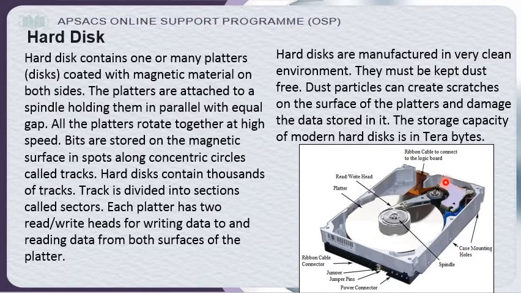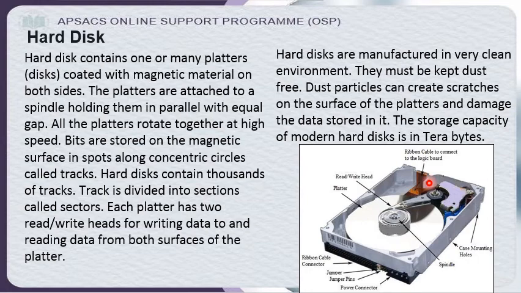The capacity of the data on this hard drive is in TBs or GBs. Most modern hard drives are 500 GB, 1 TB, or 2 TB. Remember that they are not shock absorbent.